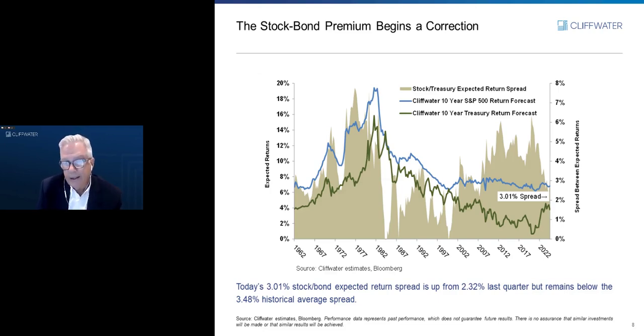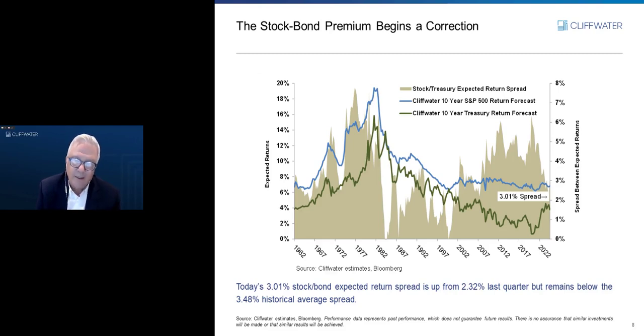I've been saying this year that with that smaller spread, maybe it's time to shift from equities to lean into fixed income, or at least be neutral. And this last quarter, the spreads widened. They didn't widen in the usual way, with stocks going down.